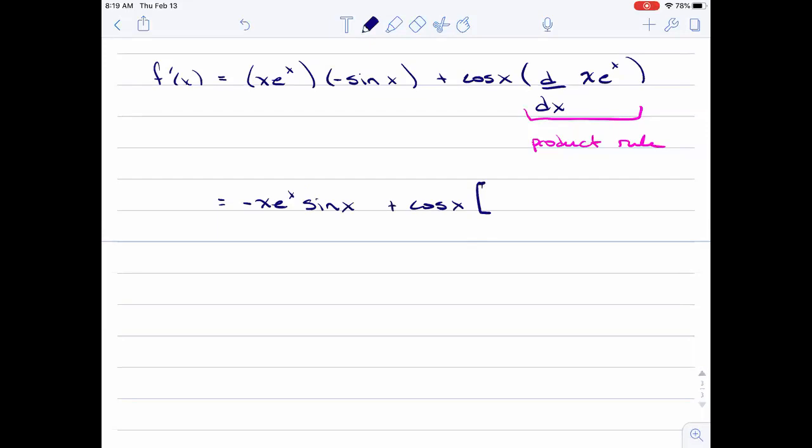Holding x steady and taking the derivative of e to the x, which is just e to the x, plus holding e to the x steady times the derivative of x. The derivative of x is just 1. But making sure that cos x is multiplying all of that, because it's multiplying the derivative of x e to the x, which happens to use the product rule.